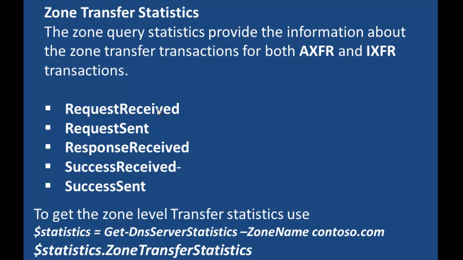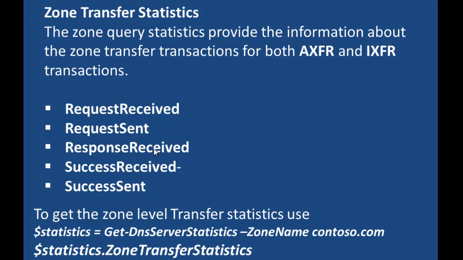So this is information that's transferred that you'll be looking at. For the request received, that would be the total number of zone transfer requests received by the DNS server when operating as a primary server for a specific zone. Then you have the request sent, and that would be the total number of zone transfer requests sent by the DNS server service when operating as a secondary server for a specific zone.